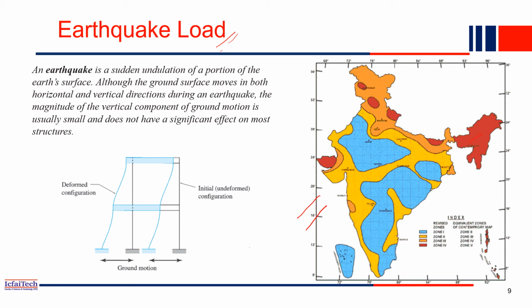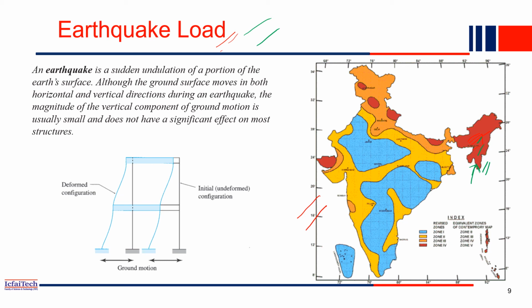This red color is zone 5, meaning these areas are more prone to earthquakes. If you construct a building in the Northeast, it is zone 5, so you have to definitely consider the earthquake load to design a building in the Northeast area.